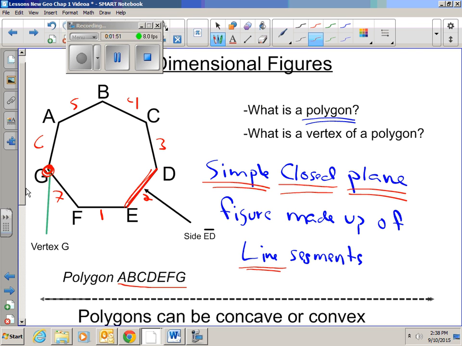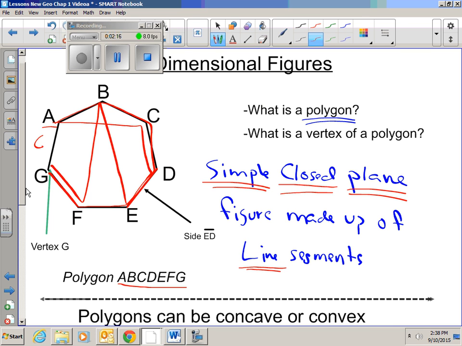When you name a polygon, you just start at one of the points and you go around. I could not name this polygon ACDEBFG. That wouldn't work. You always go in order.